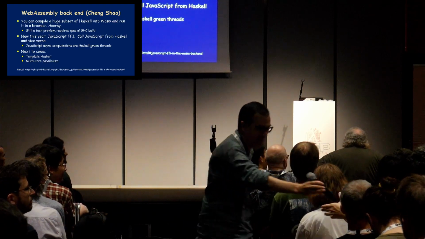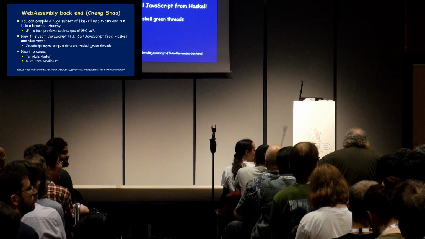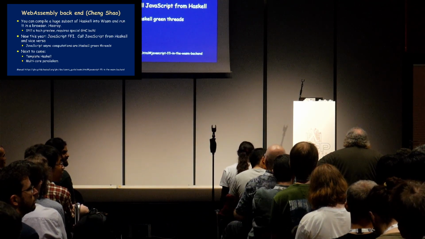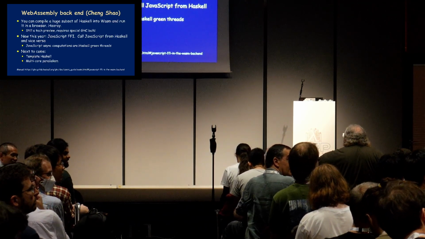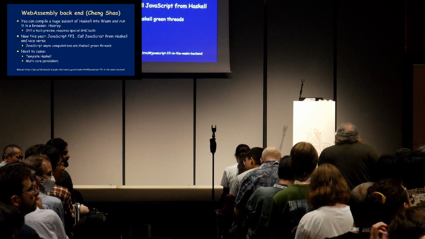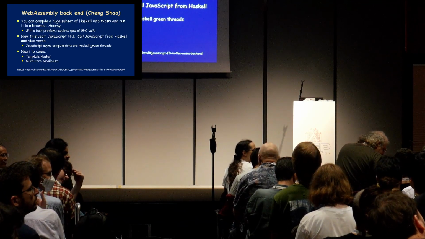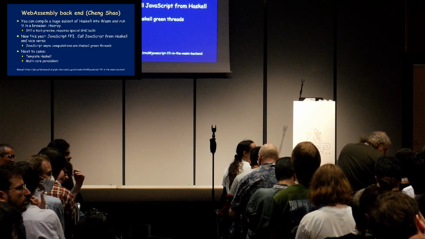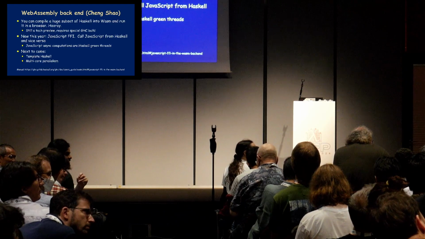So Cheng, is it still true, though, that what I wrote here, that it's still a tech preview in the sense that it doesn't come in the box? You have to build GHC yourself in a particular way to get this? So yes, because GHC is not fully runtime retargetable yet, if you want to cross-compile Haskell code to a special target, then you have to compile a special GHC for that purpose.